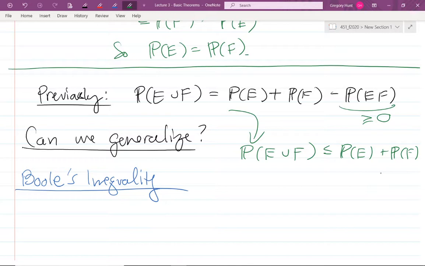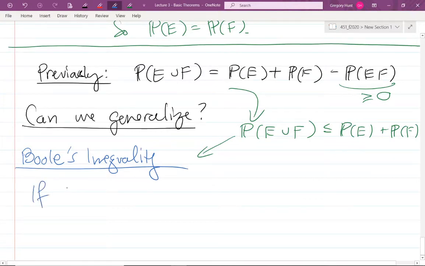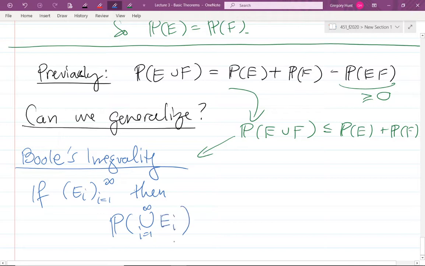And Boole's inequality is going to generalize that. Boole's inequality says that if we have some collection, let's say countably infinite, but again, we know that you can do this for the finite case also. If these E sub i are a collection of events, then we can say that the probability of the union of the E sub i is never greater than the sum of these E sub i.